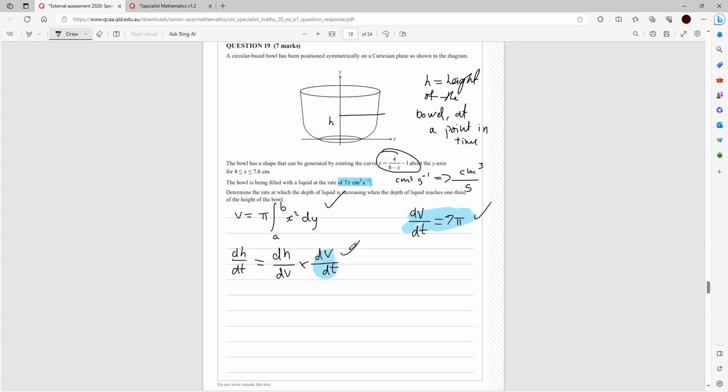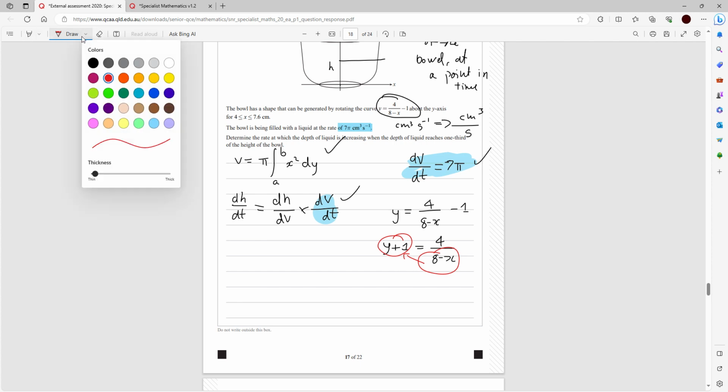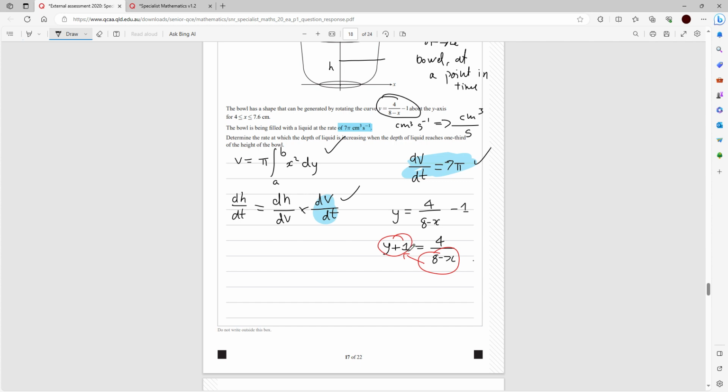So y is equal to 4 on 8 minus x, minus 1. Put the 1 over there, so y plus 1 is equal to 4 on 8 minus x. You can replace this guy and this guy using algebra. You can't just swap them, but if I multiply both sides by 8 minus x and divide by y plus 1, you can pretty much get this expression here, 4 on y plus 1.